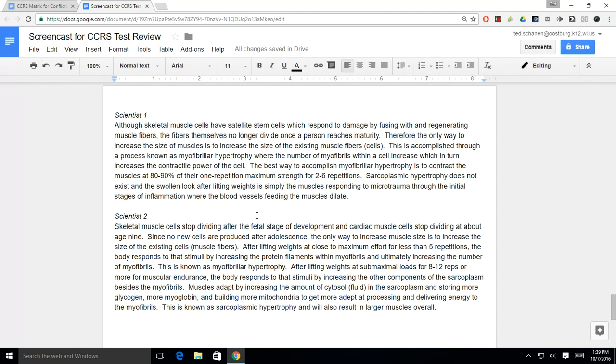Okay, final question, EMI 602. This skill is determine whether new information supports a model and why. And the way this question is formed, it would say something like, when given a description of new research, determine if the results support a certain scientist's explanation and choose the right reasoning for why.